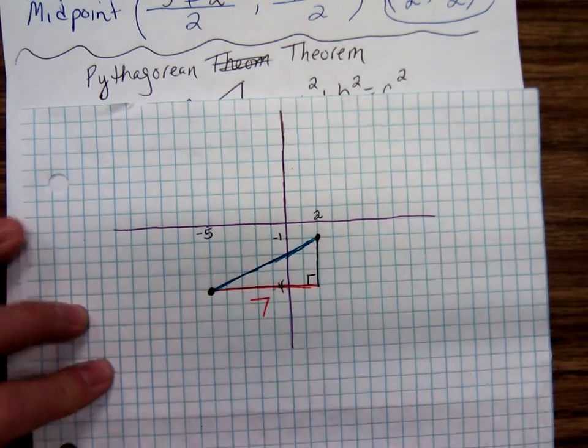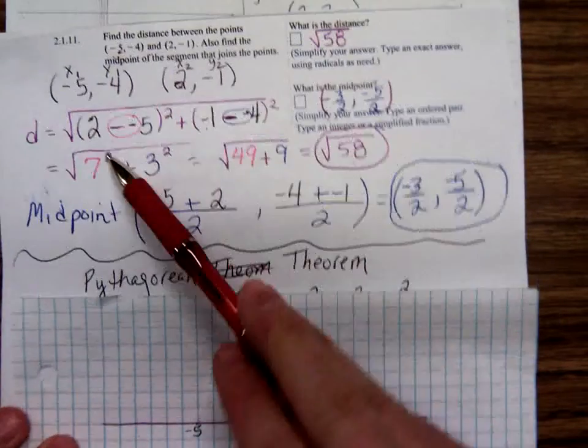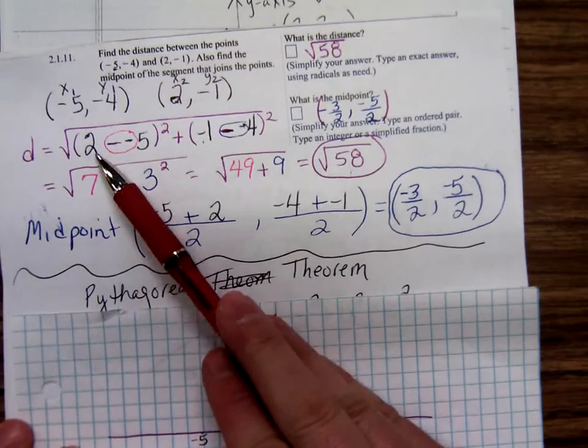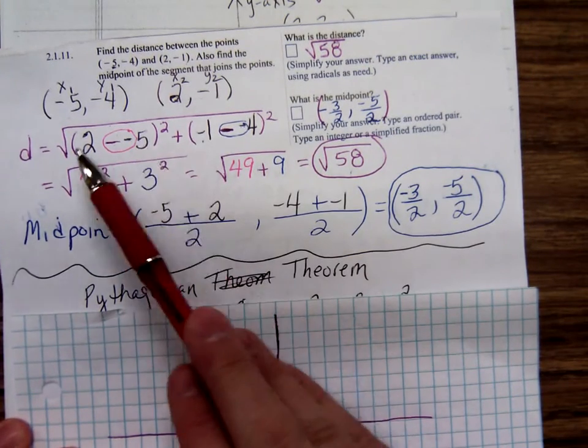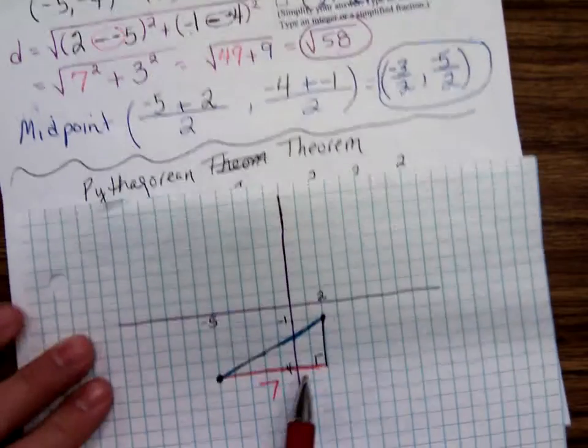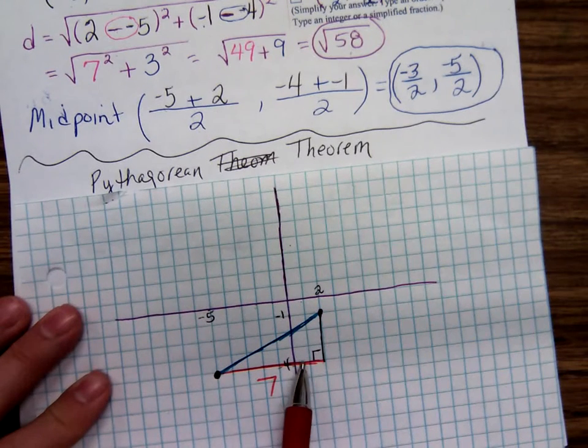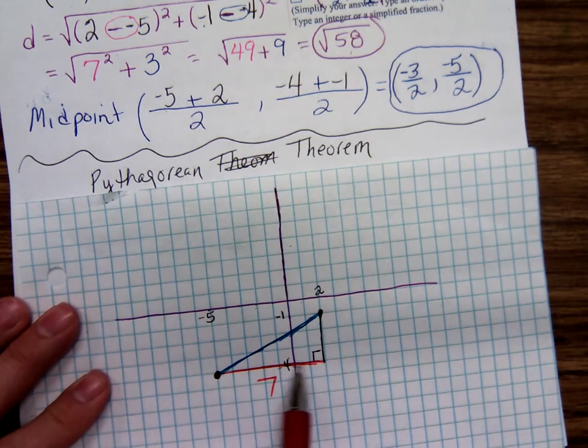Up here, when we were going 2 minus -5, the 2 plus 5, that's what we're doing. We're adding 2 plus 5, that's getting us this length right here.